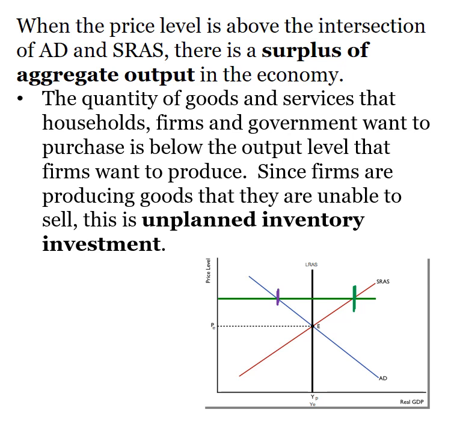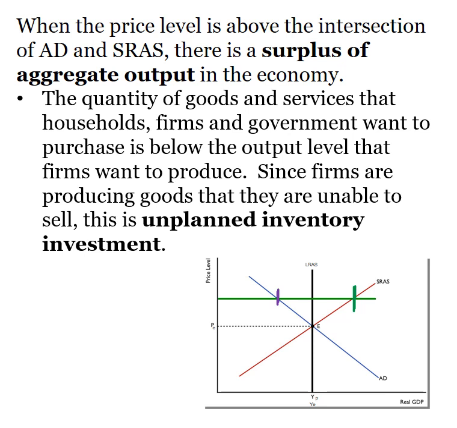But if there's a surplus, they have produced too much and they've spent money to produce those goods. So that was unplanned inventory investment, because remember, inventory investment is spending money on final products and inputs. And that unplanned inventory investment is when you do not end up selling all of those products. So you have inventories, you have stocks that you've created that are just sitting on the shelves unsold.